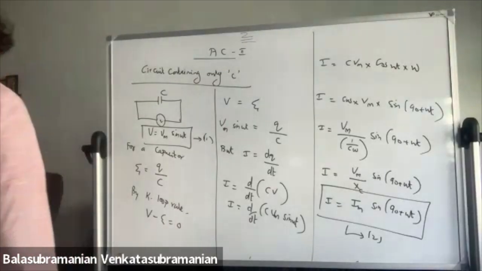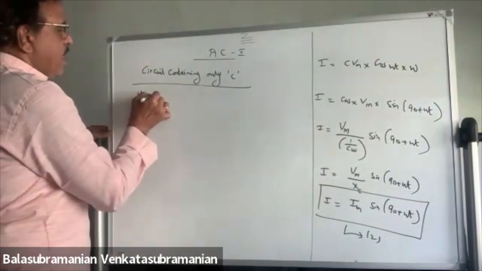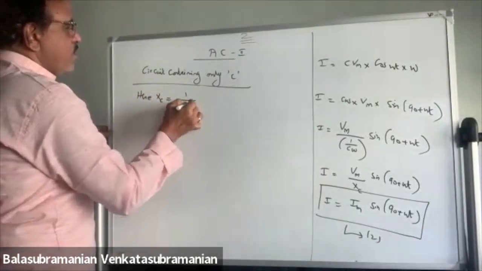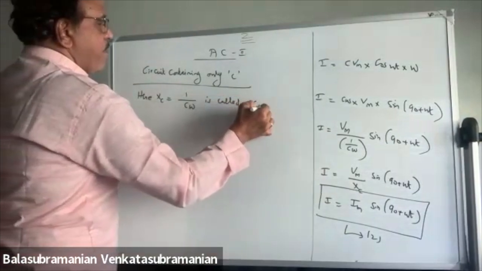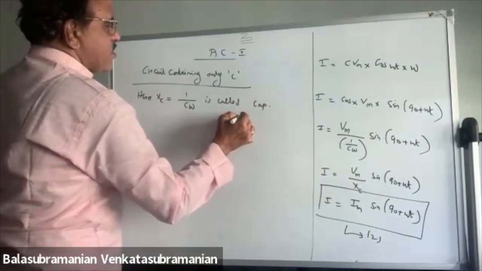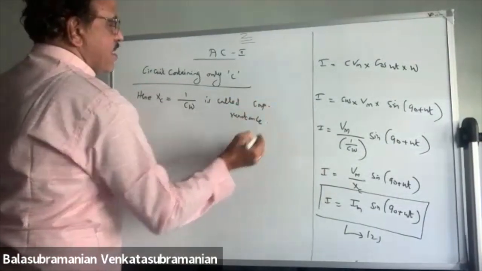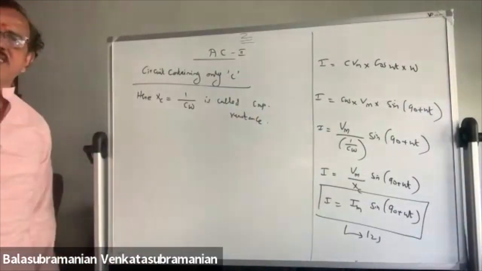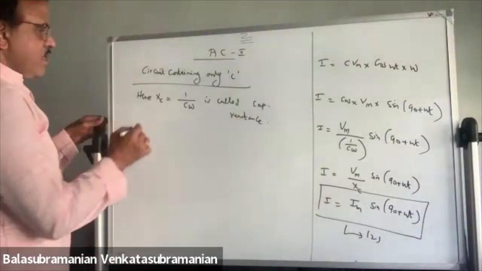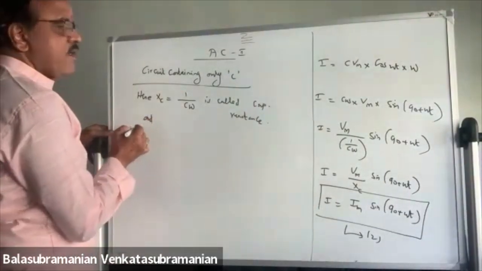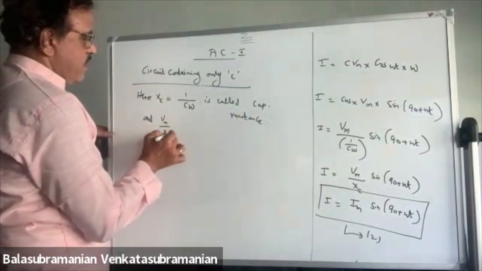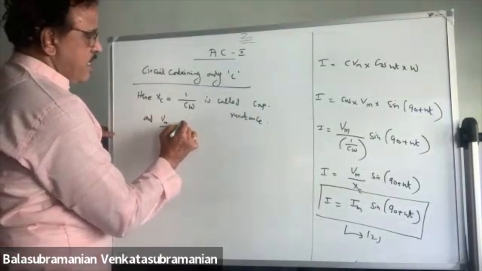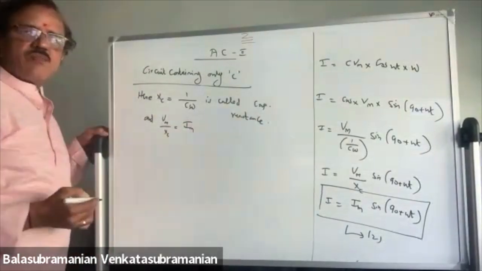So here, Xc is equal to 1 by C omega, called capacitive reactance, or resistance offered by the capacitor. And Vm by Xc is equal to Im, maximum current.